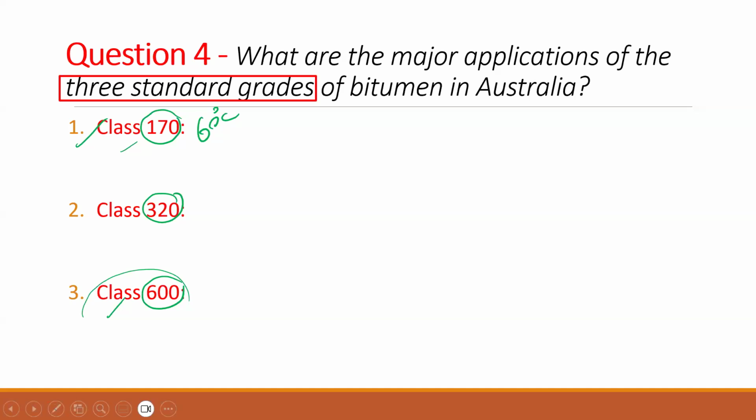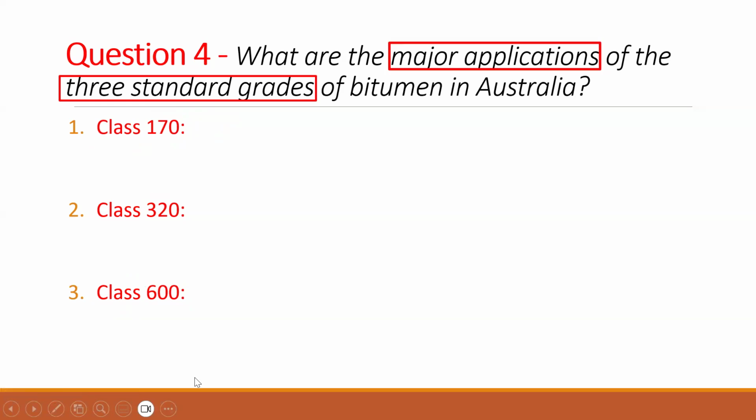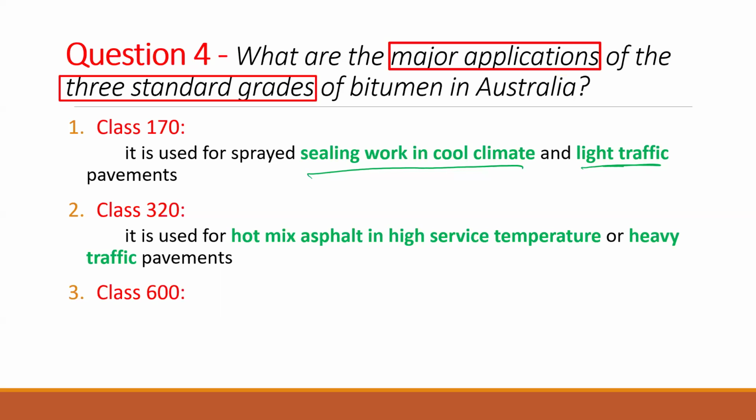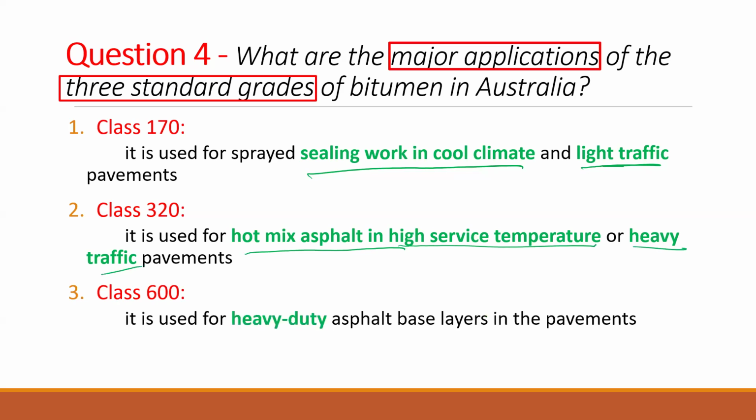So if we summarize the applications, 170 we use for spray sealing in cold climate and also for light traffic applications. 320 we use for hot mix asphalt in high service temperatures and heavy traffic. 600 is for heavy duty applications. Are we good? Any question? No questions?